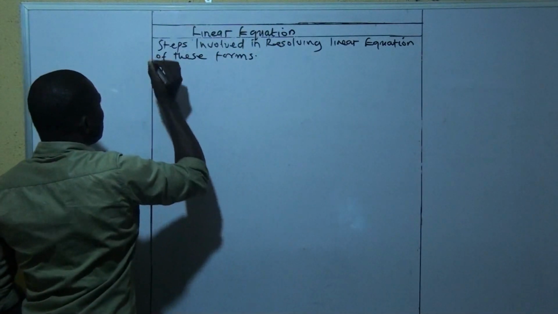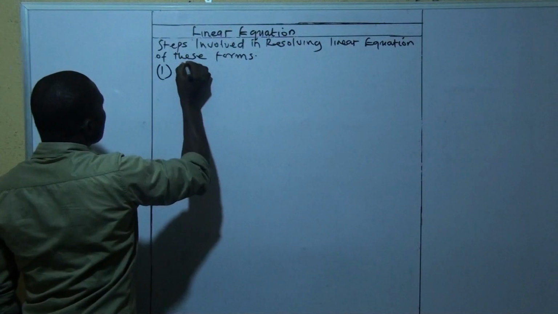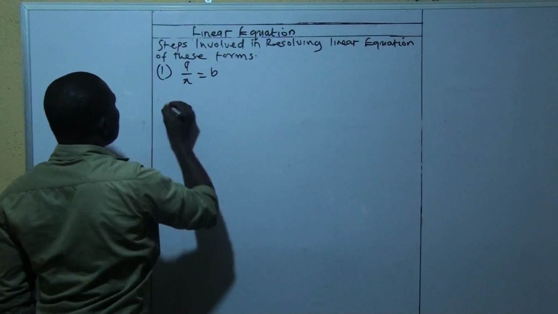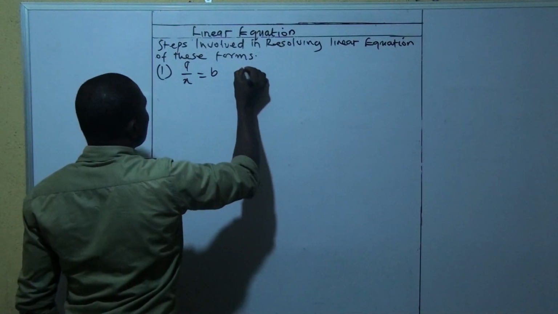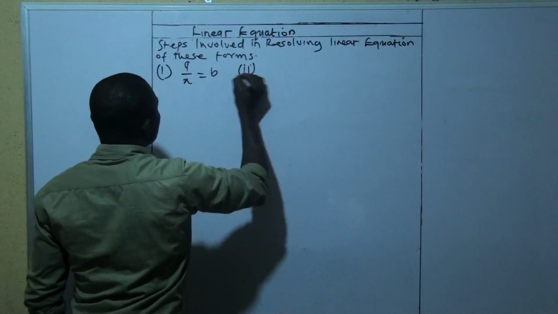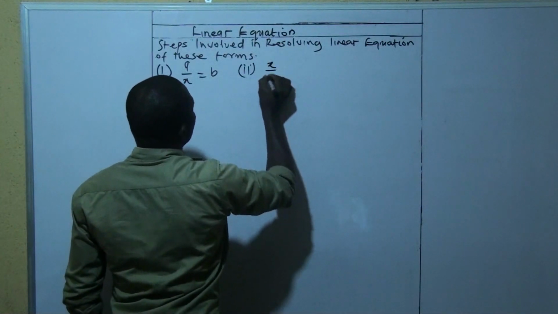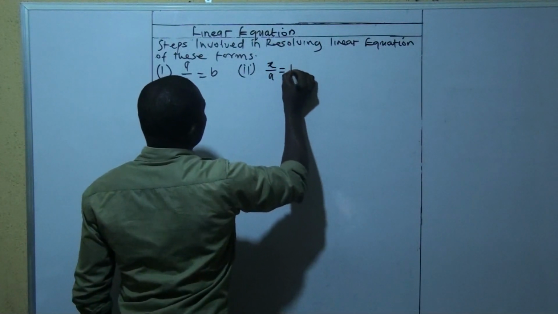One, the linear equation of the form a over x equals b, and two, x over a equals b.